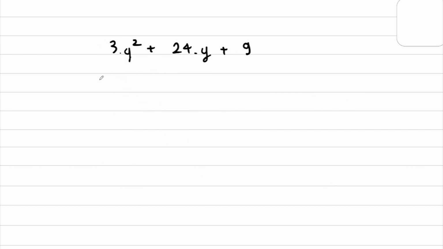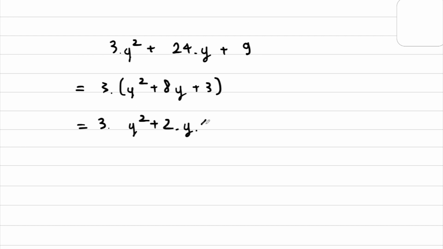3y squared. Take 3 outside: y squared plus 8y plus 3. And the next step, you've got y squared plus 2 times y times 4 plus 4 squared minus 4 squared plus 3.